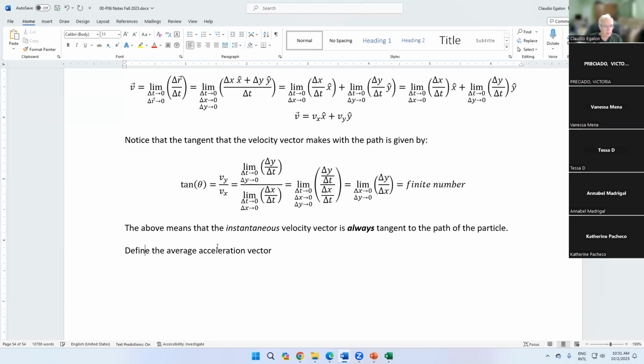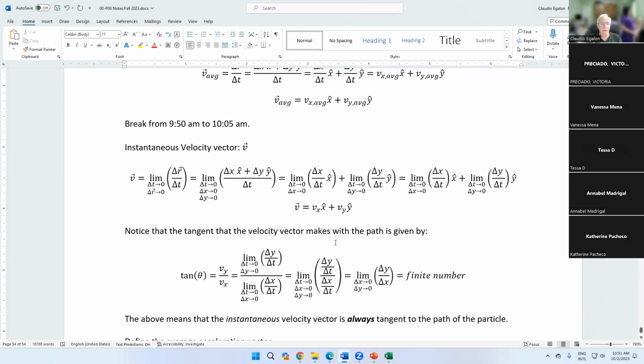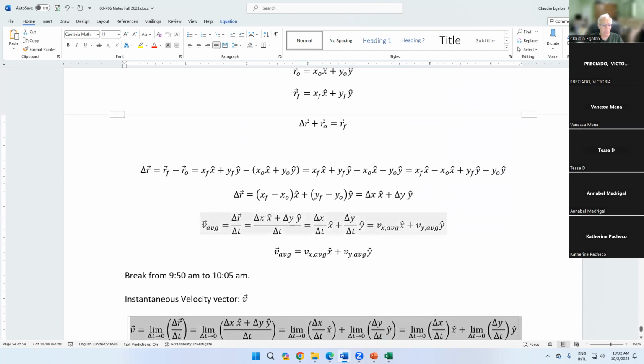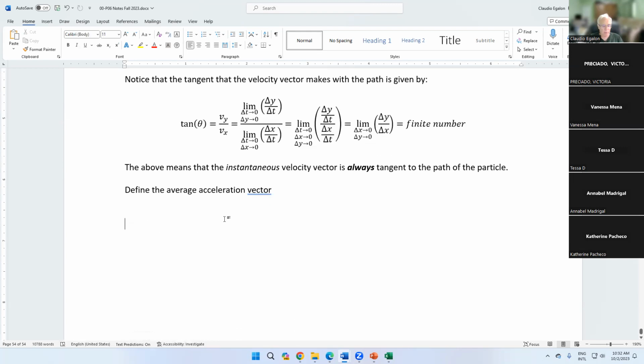The average acceleration vector has a definition similar to that of the average velocity vector.